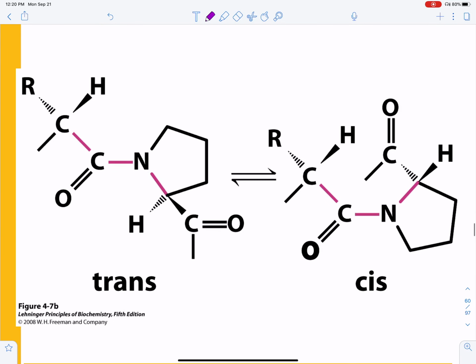And so we can kind of see the effects here. So this is the natural configuration of proline in trans. Note that if you look at the general direction of the polypeptide backbone, it's going all in the same direction, right? You're kind of starting up here, you're ending down here.